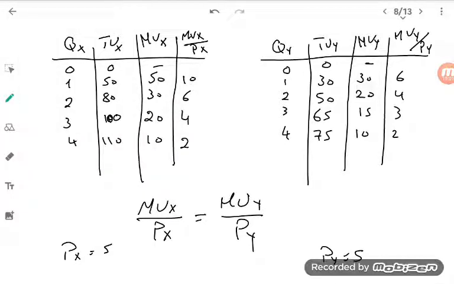There are a number of combinations in which marginal utility of X divided by its price is equivalent to marginal utility of Y divided by its price. This is number 1, and this is number 2, and this is number 3. Do you think which one of these three different combinations?